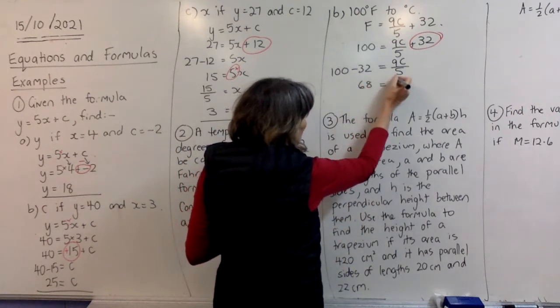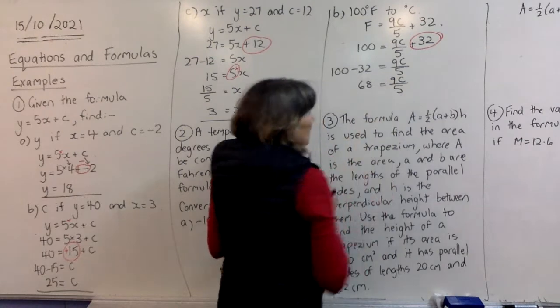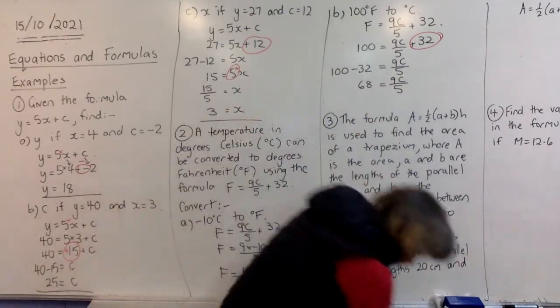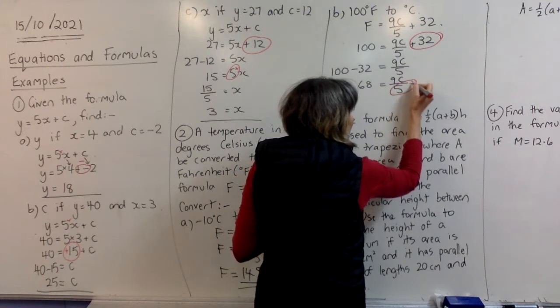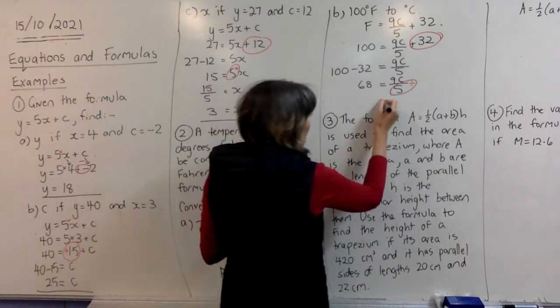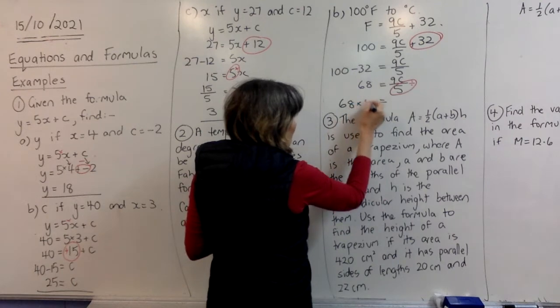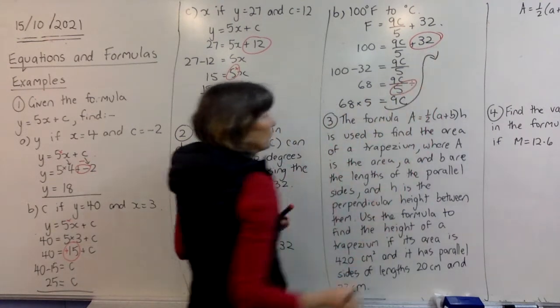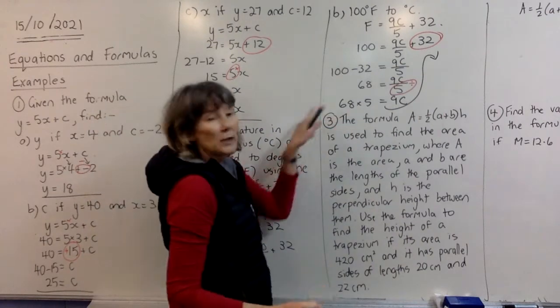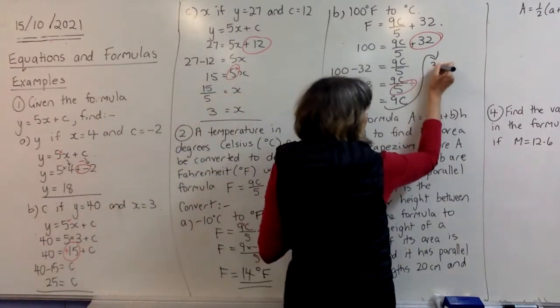We get 68, and then we're getting rid of our 5, which we're dividing here. So when we come over to the other side, we're going to times. And I'll just move up here because I haven't got enough room there. Work that out on your calculator and you'll get 340.